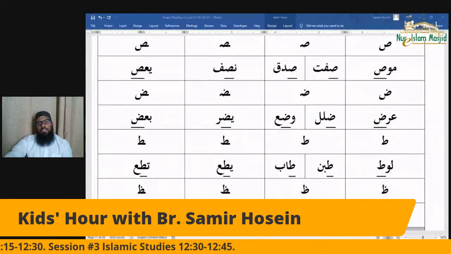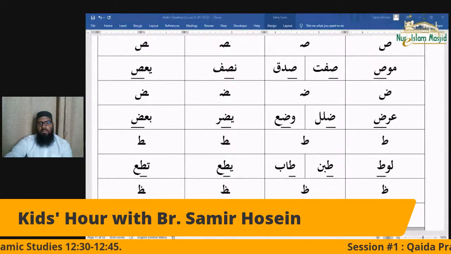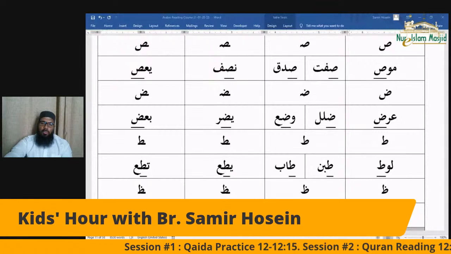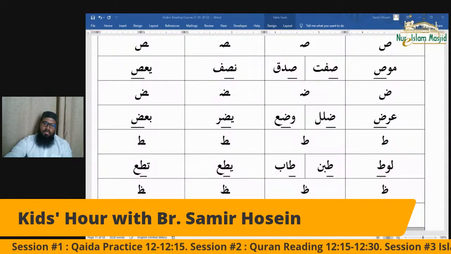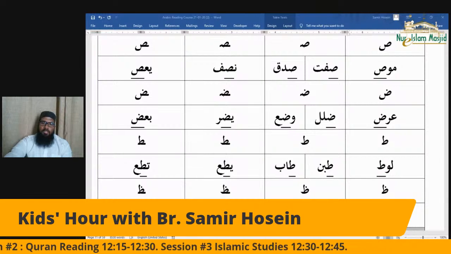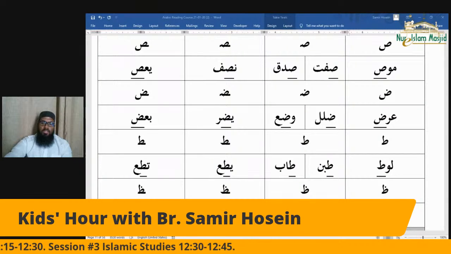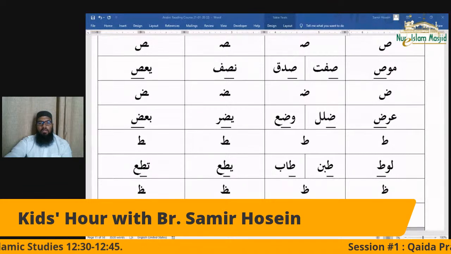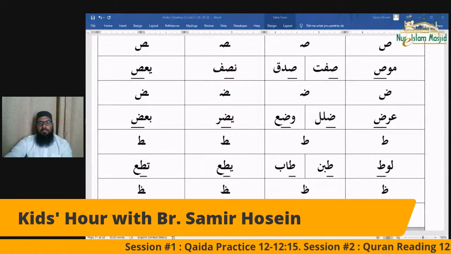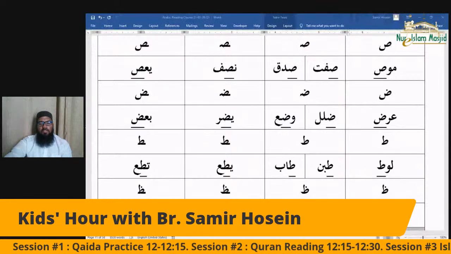Now, even though that seems simple to us right now, it's quite easy to mix up these letters when we're actually reading. We might try to be reading a little bit too quickly, and we miss the dot on the Dad, or we might miss the antenna on the Ta. So in those instances, it's very easy for us to mix up these letters in all sorts of ways.